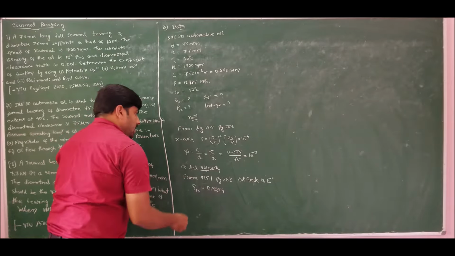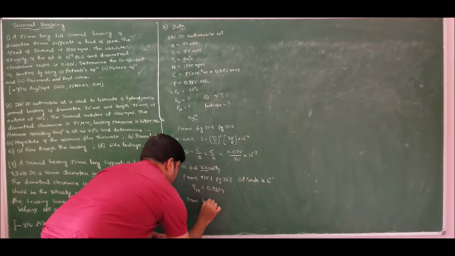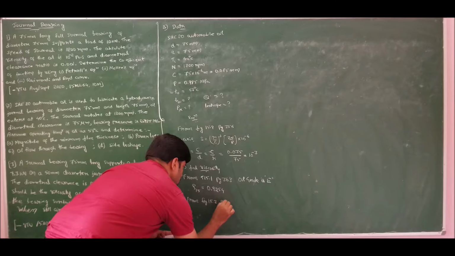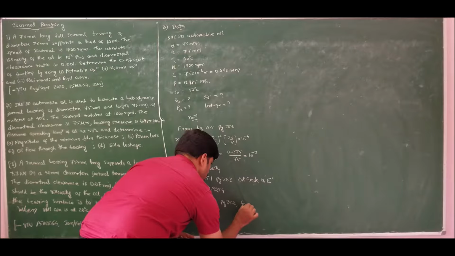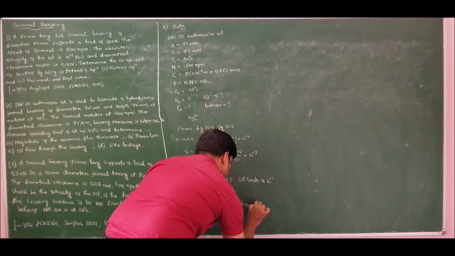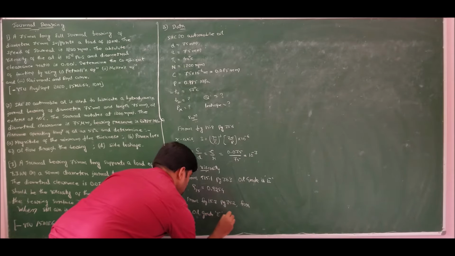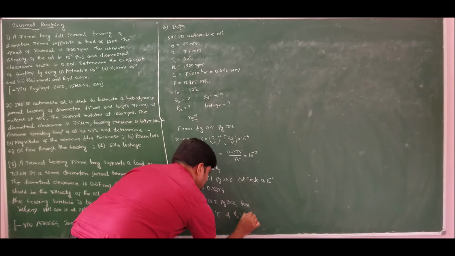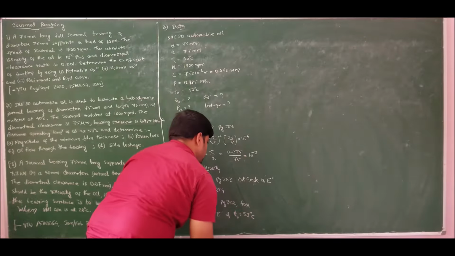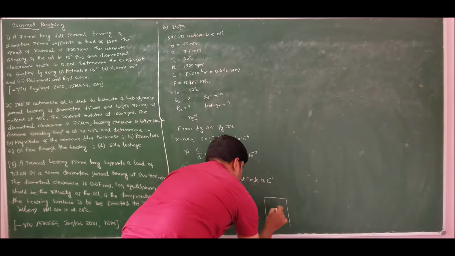Now using the oil grade, we can find the kinematic viscosity by referring to figure 15.3. From figure 15.3 of page 352, for oil grade E and operating temperature T0 equal to 53 degrees Celsius, if I intersect, we have a graph like this.